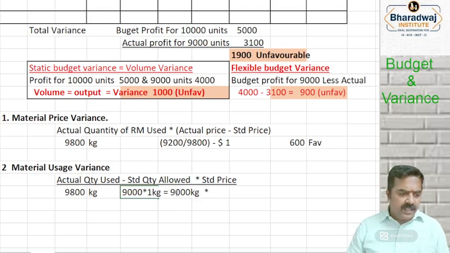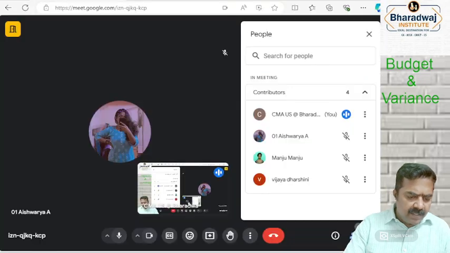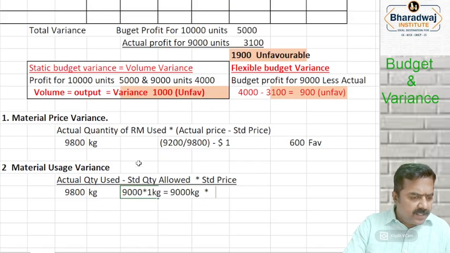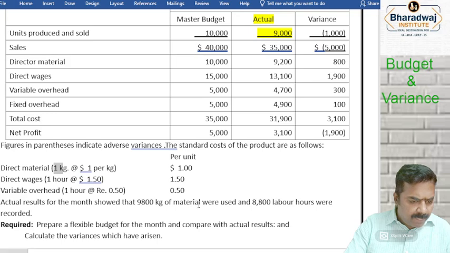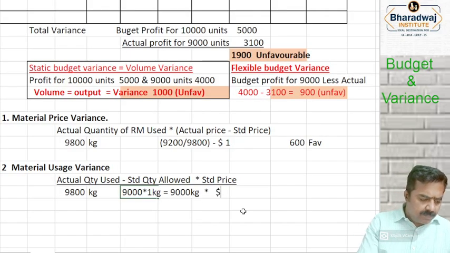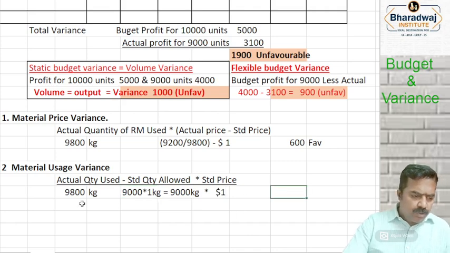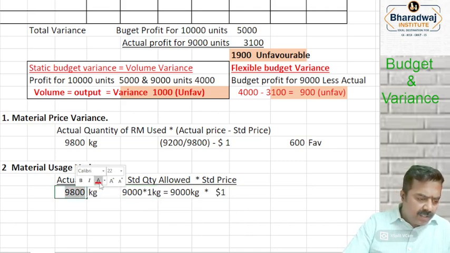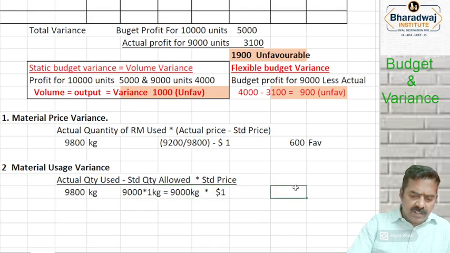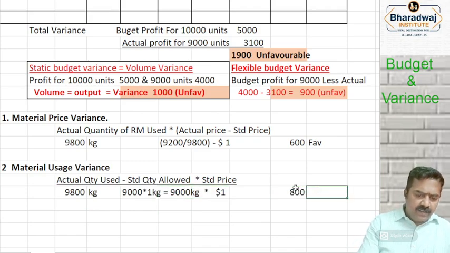What is the standard price per kg? $1 per kg. So we used 9,800, but allowed is only 9,000. We used extra. So 800 unfavorable.